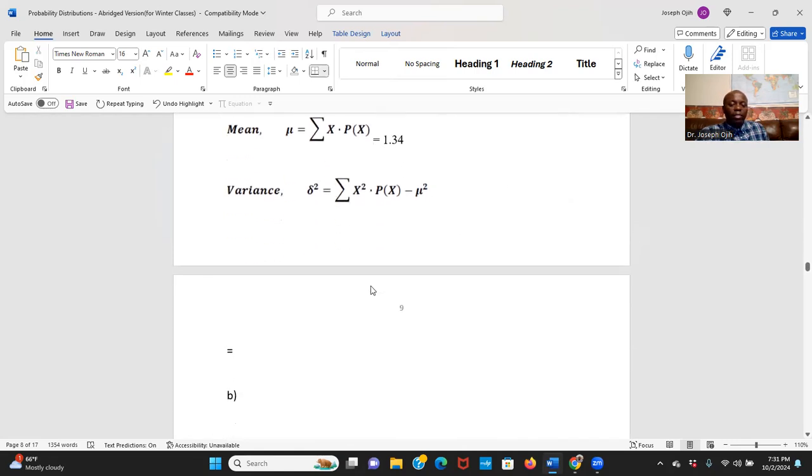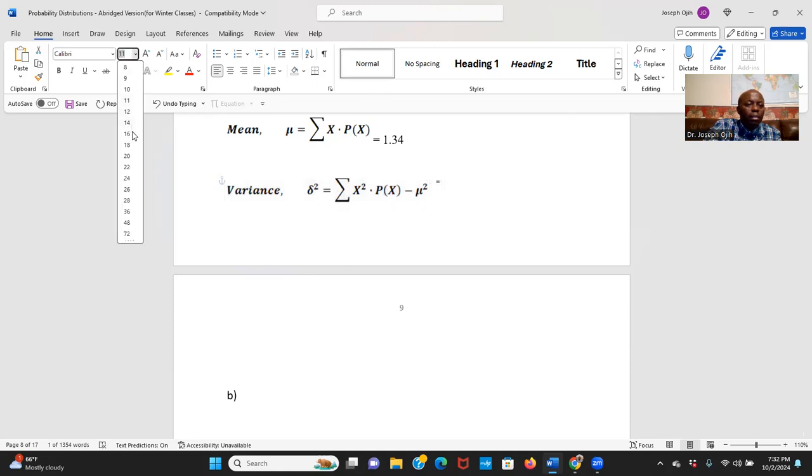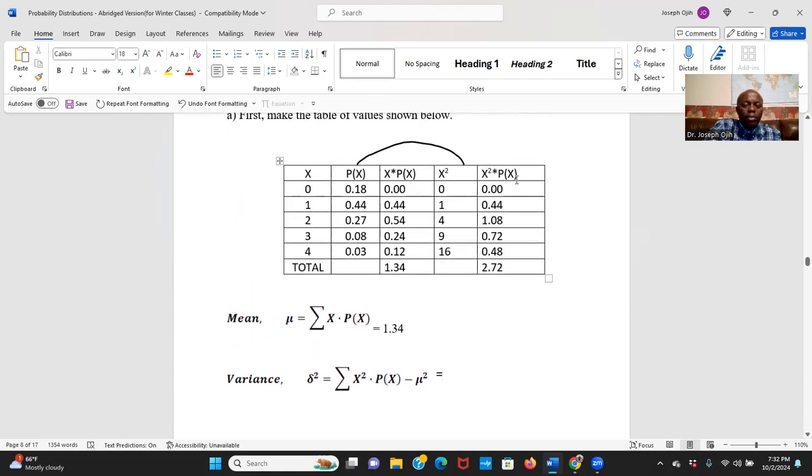Now let's find the variance, which is the sum of x squared times px minus the mean squared. The sum of x squared times px is right here. See, x squared times px.